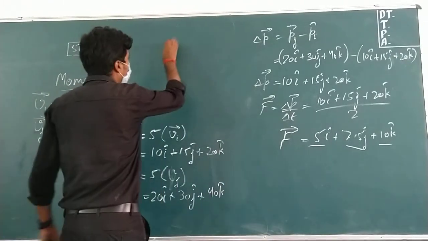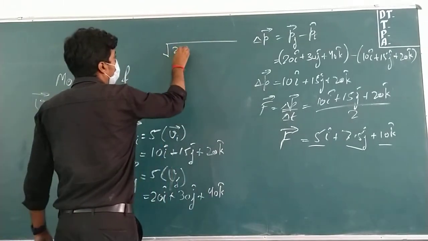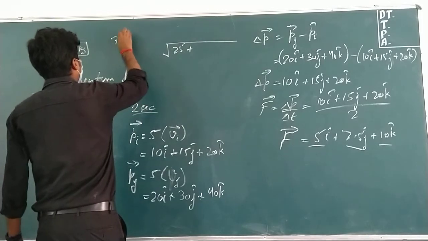The overall value of force is the square root of 25 plus 7.5 squared plus 100.